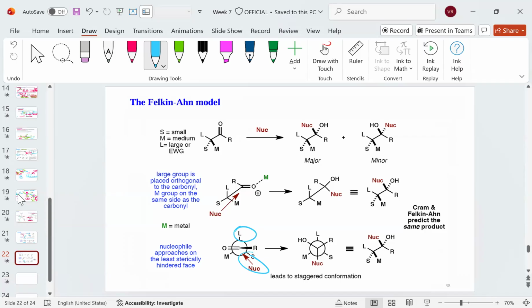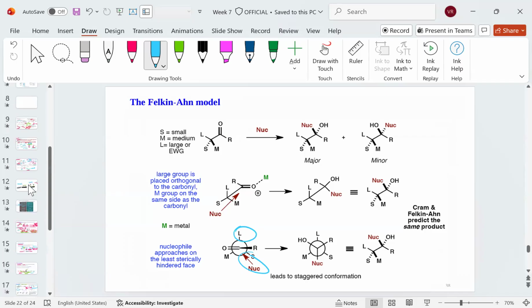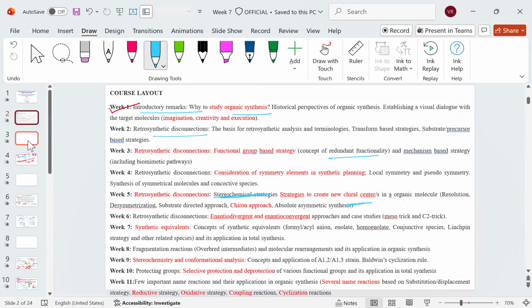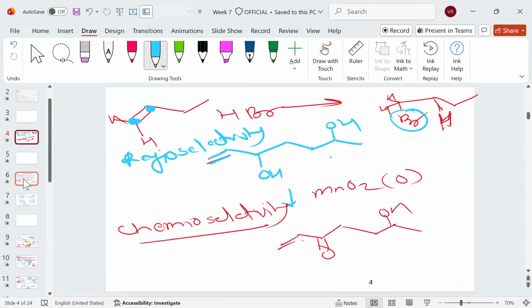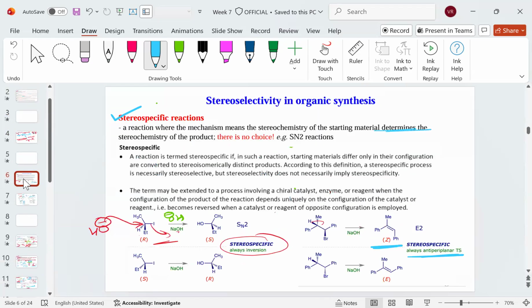So that's about today's session on the different types of stereoselectivity in organic synthesis, what we have discussed and covered in this video. We have already covered what stereospecific reactions are, and the examples are the SN2 reaction and the E2 elimination reaction.